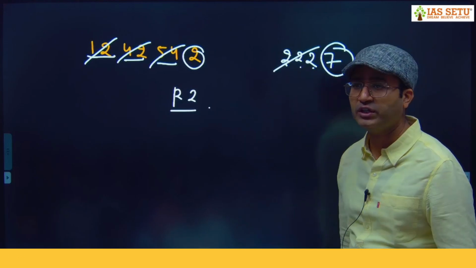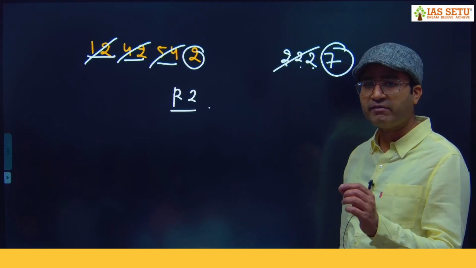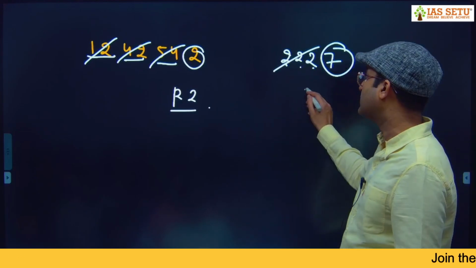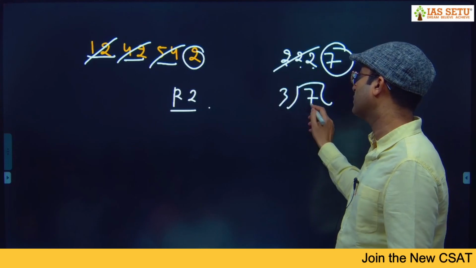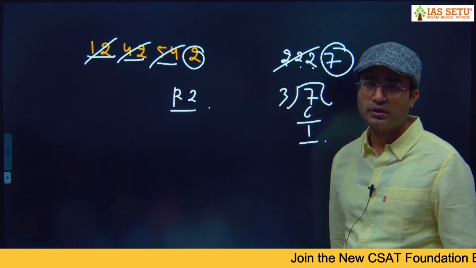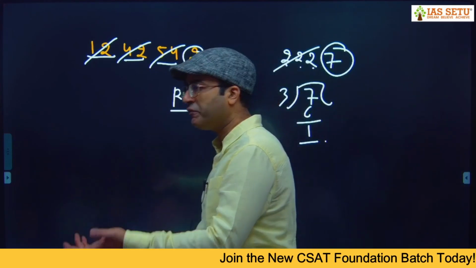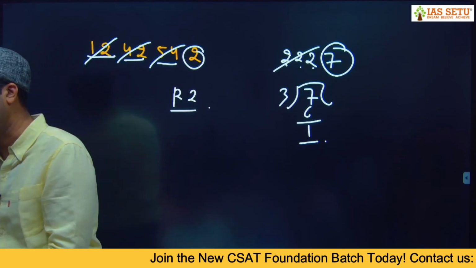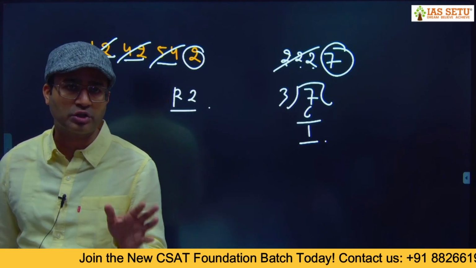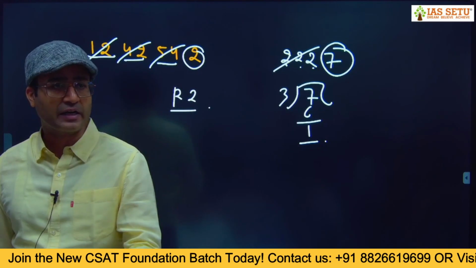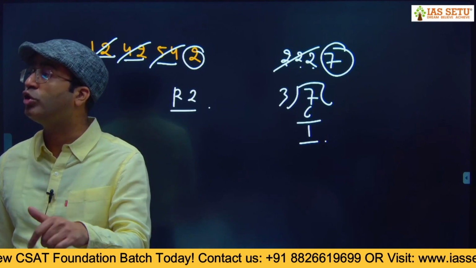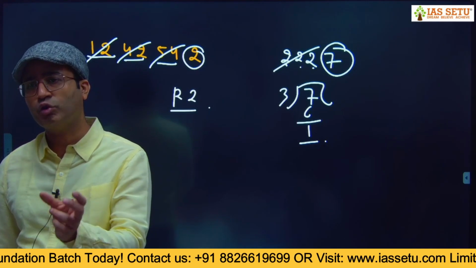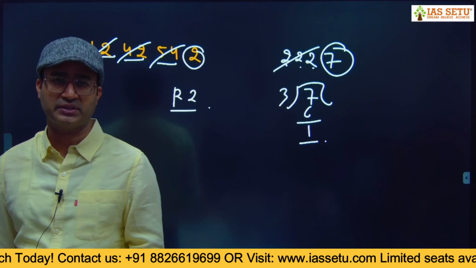Only 7 will decide what is your answer. Is 7 divisible by 3? No. And 7 divided by 3, what is your remainder? 1. So the idea is you can be fast if in the given number you ignore 3 or a multiple of 3. Directly you can find 3 or a multiple of 3, or indirectly. Indirectly मतलब 2 या 3 नंबर ऐड करने से भी बन सकता है.